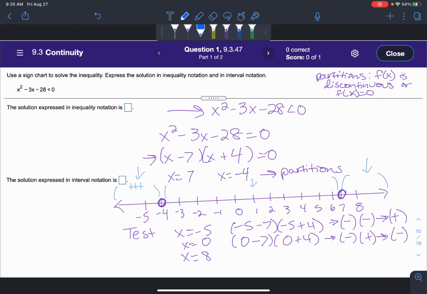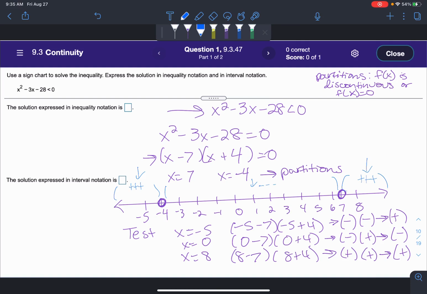And so this big interval in the middle is going to be negative, okay? And then for my last point, 8 - 7, 8 + 4. 8 - 7 is going to give me a positive. 8 + 4 is going to give me a positive. So a positive times a positive is a positive. And so my last interval is a positive number.